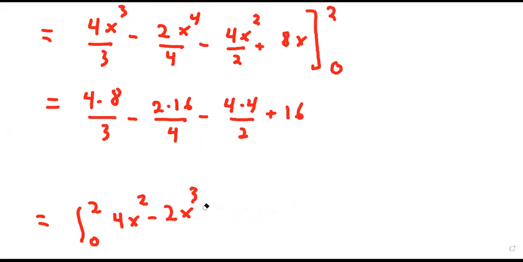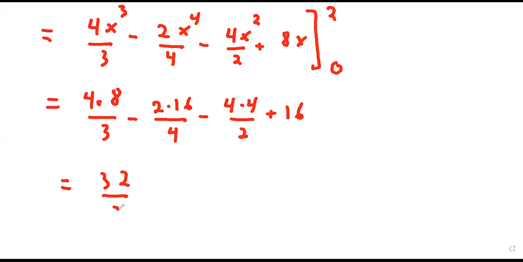As I predicted, we're probably going to run out of room. So now we keep evaluating. This is a times, not a minus. So 32 over 3 minus 32 over 4 minus 16 over 2 plus 16.